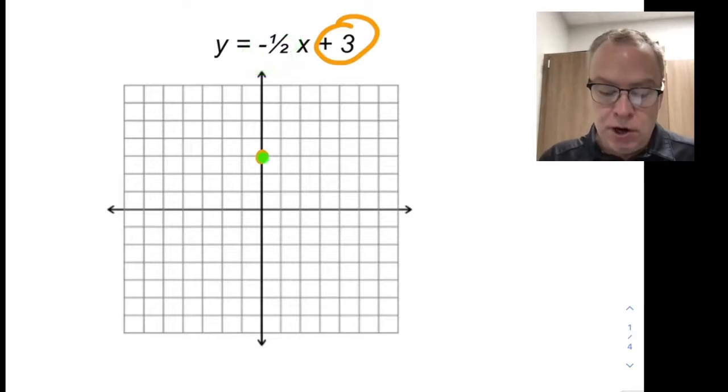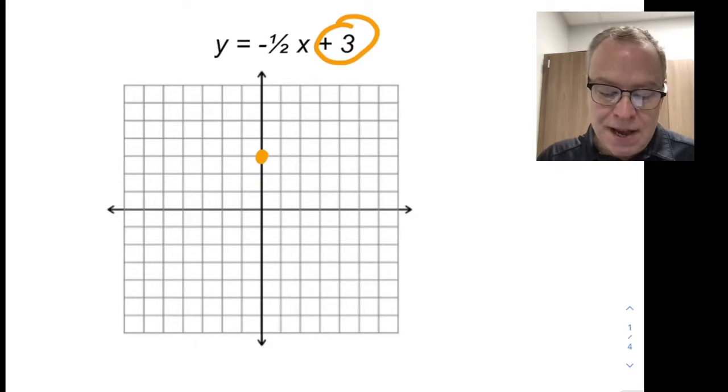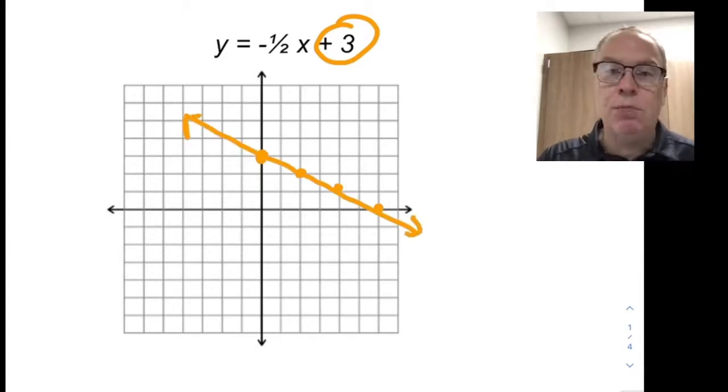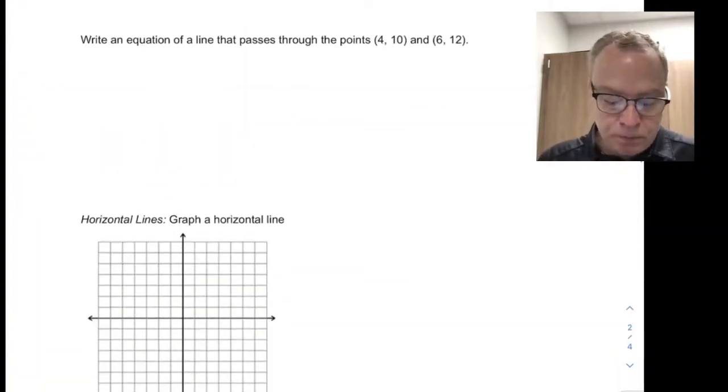So we're going to start here, and we're going to go down 1, and then remember I said always go to the right if you want to be right, and we want to be right. So our second dot would be down 1 over 2, down 1 over 2, down 1 over 2. You see how it maps out a line that's actually downhill this time, and that was because the slope was negative. So that's just a review of how to graph y equals mx plus b.